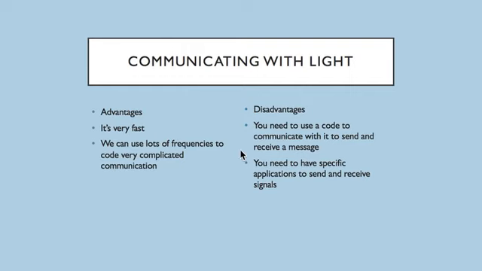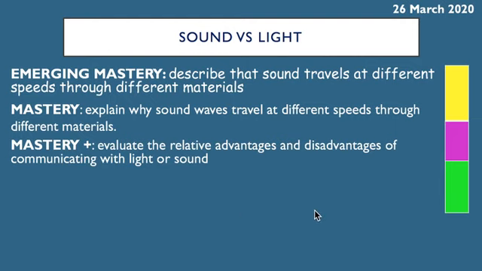Some disadvantages though with light is that if you are going to do that, unless you're using something like semaphore or something like that, you need to have specific applications to send and receive the signals. And even with something like semaphore, then you need to have a code to communicate it. So you need to know, it's not just as easy as I'm doing talking to you right now.